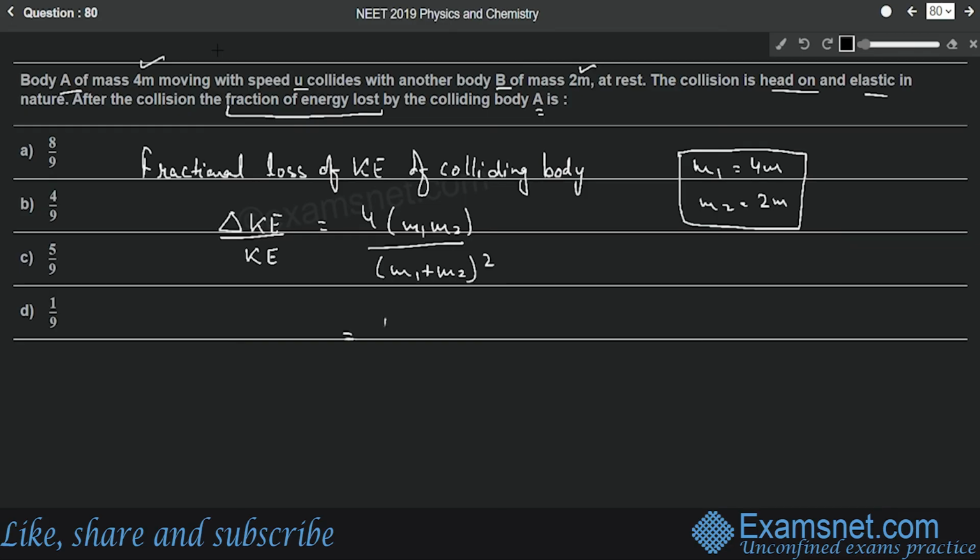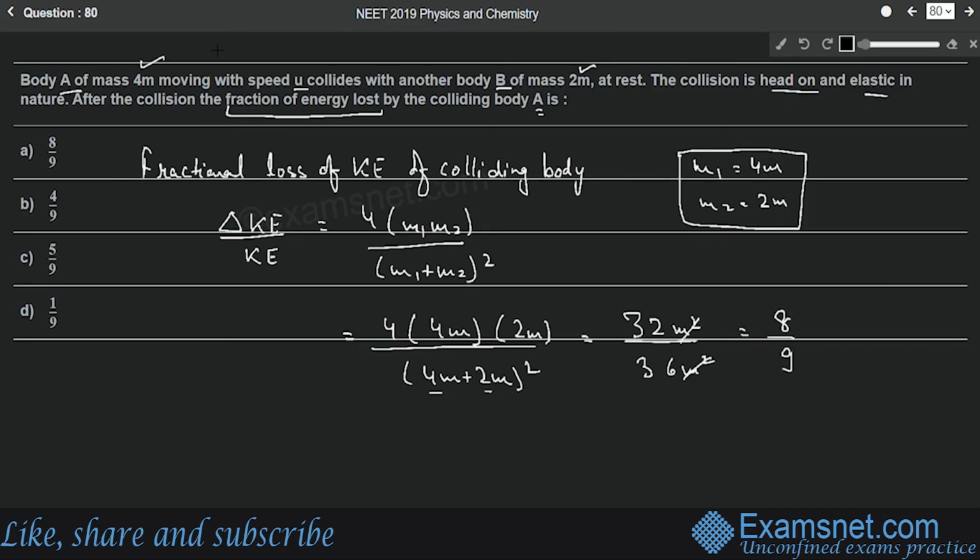That means 4 into m1, which is 4m, into m2, which is 2m, divided by m1 plus m2, that is 4m plus 2m, whole square. So here we get 4 into 4 is 16, into 2 is 32. So 32m square divided by 4 plus 2, that is 6m, so 6m square means 36m square. The m square cancels, and we get 8 by 9. That means this fractional loss is equal to 8 by 9. So option A will be the correct answer.